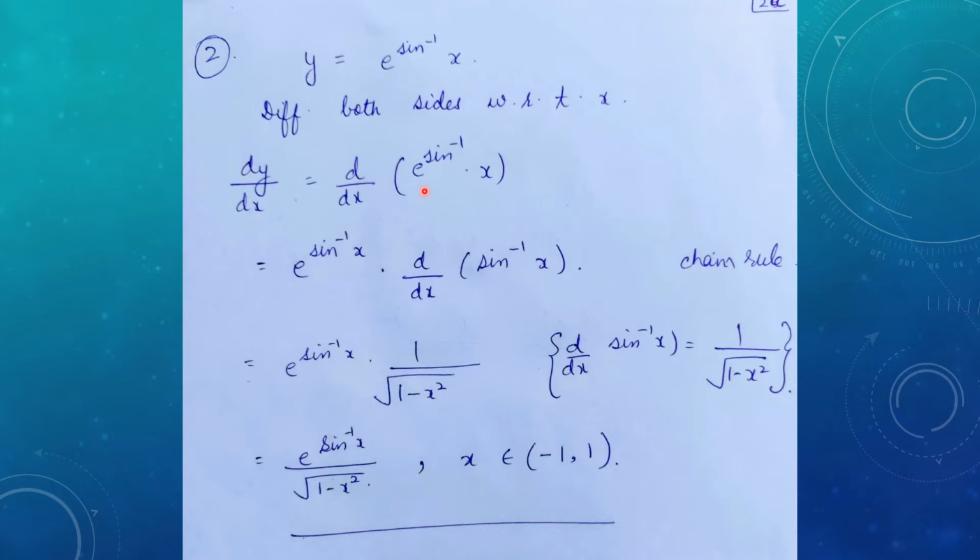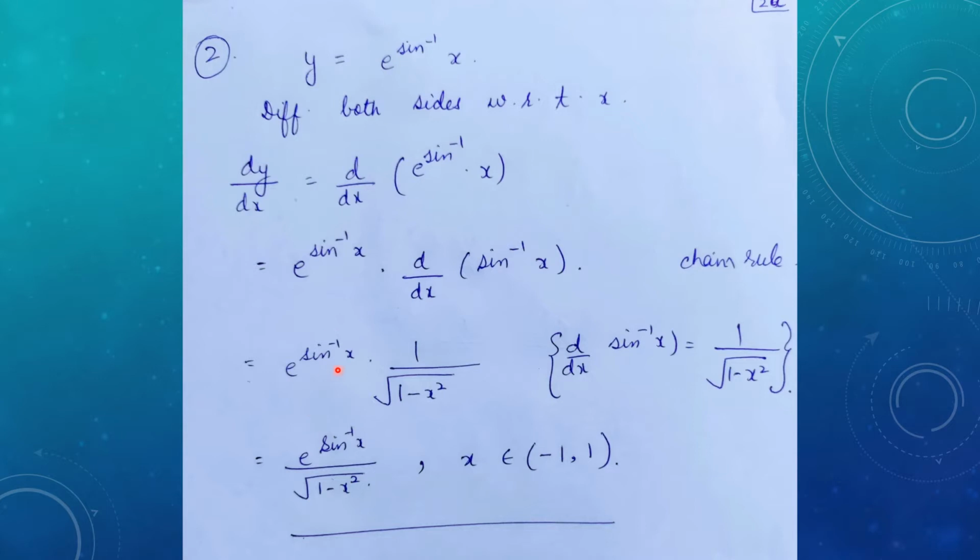So derivative of e^(sin⁻¹x) will be e^(sin⁻¹x) as it is, multiplied by the derivative of the power of e. What is the power here? sin⁻¹x. So I repeat, e^(sin⁻¹x) as it is, multiplied by the derivative of sin⁻¹x. Whatever is written in the power of e, you will calculate the derivative here separately. This is the chain rule we have applied here.